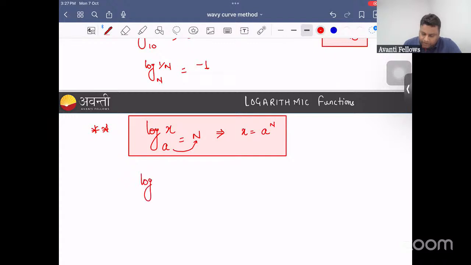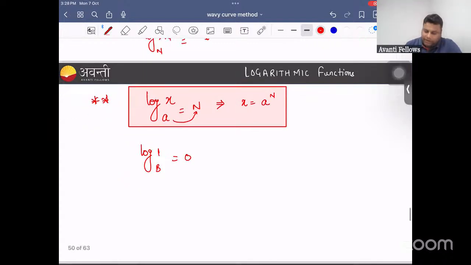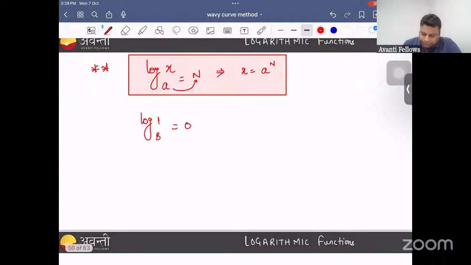Now see, log 1 to any base b will always be 0. B to the power what is 1? 0. Got it? So this log x base a is defined if x is greater than 0, first of all.